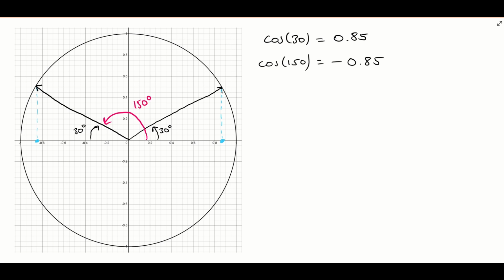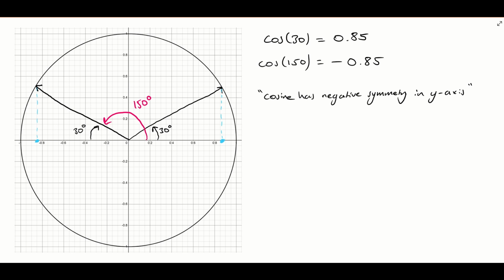So I now see that it's kind of an opposite, right? I've now got cosine has negative symmetry in my y-axis. So I get this statement that cosine has negative symmetry in the y-axis. Okay, so it's kind of the opposite of sine.